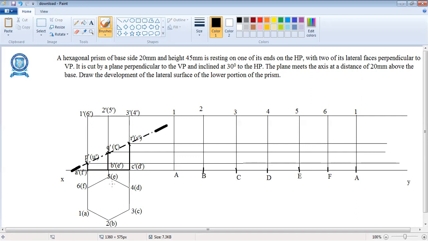Then mark the points P, Q, R, S as per this procedure. The point P belongs to the 1A line.